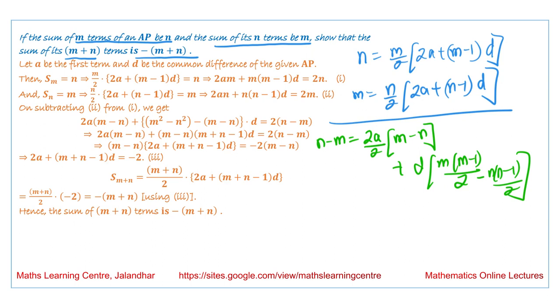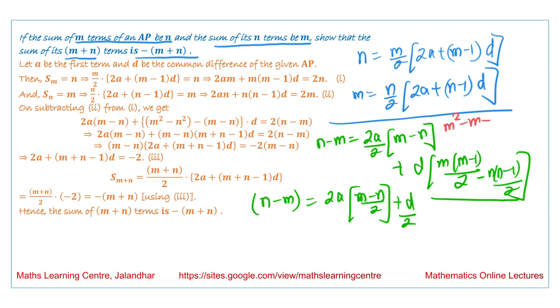So from this equation, we are getting n minus m is equal to 2a into m minus n by 2 plus d into, if we look at this term, we are taking 2 common. What we are left with is m square minus m minus n square plus n. So from this term we can write it is m minus n into m plus n minus 1.